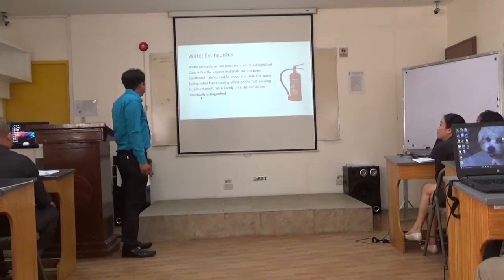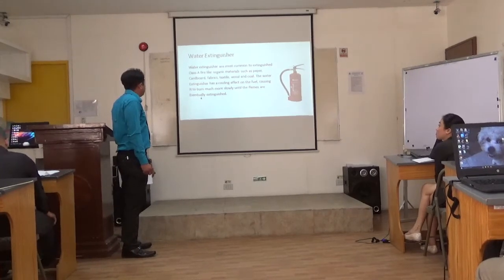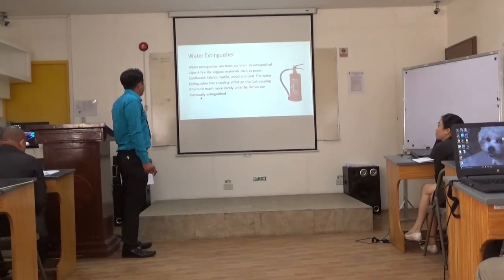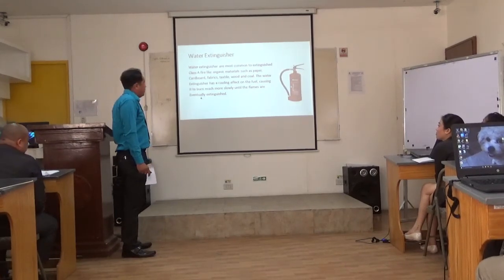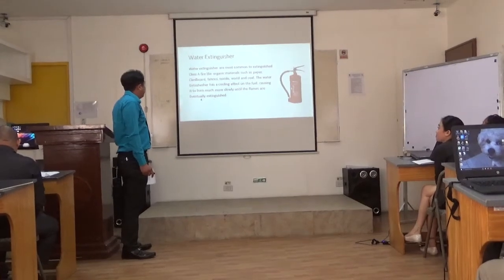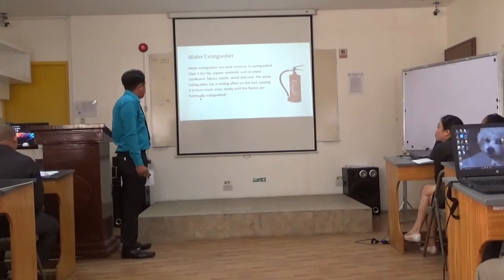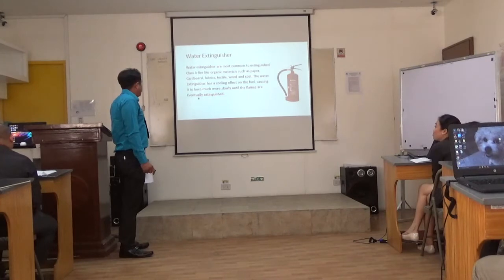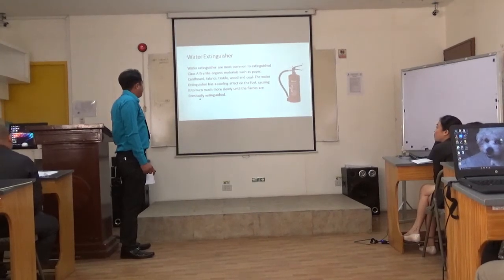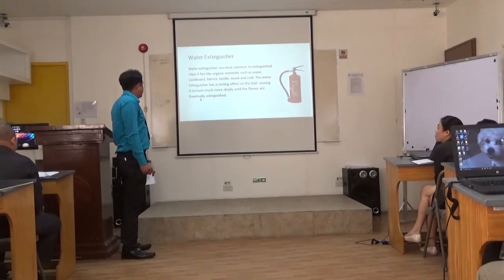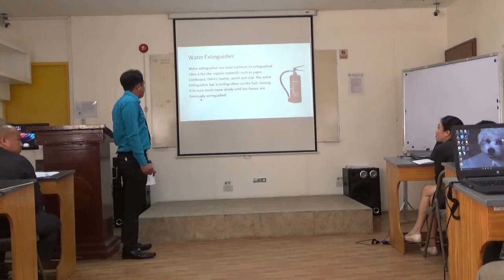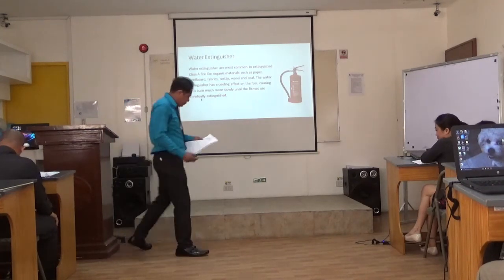Water fire extinguishers are most common to extinguish class A fire, like organic material such as paper, carbon, fabrics, textile, and coal. The extinguisher has a cooling effect on the fuel, causing it to burn much more slowly until the flames are eventually extinguished.